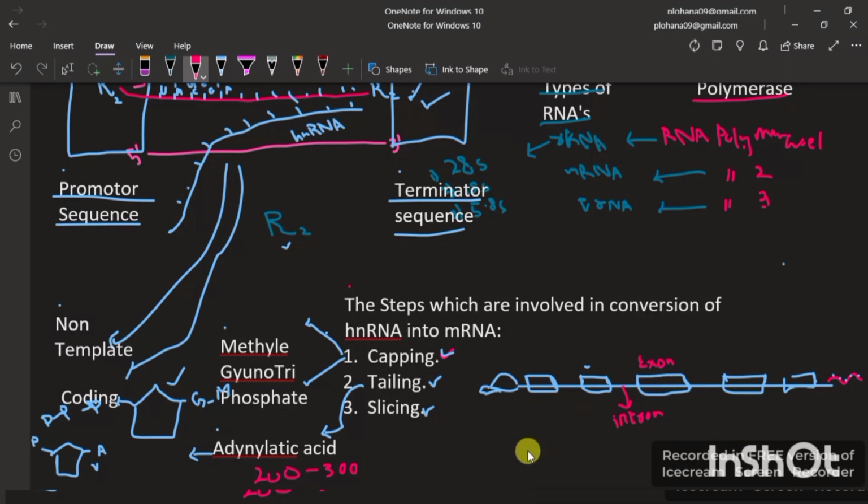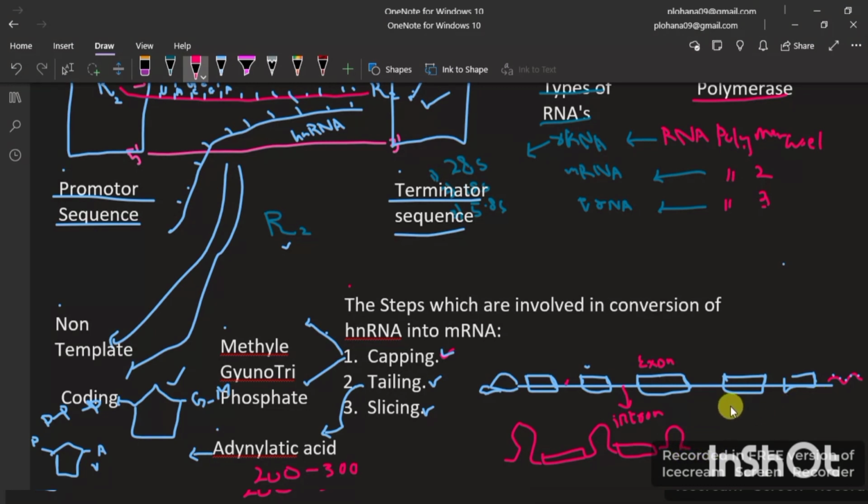Let's see. This would be coming up now. Alright, these parts which are not forming the proteins. Here we have again exon. Again this intron will go up. Again we do have exon here. Again this part will go up. Alright, this would be happening.